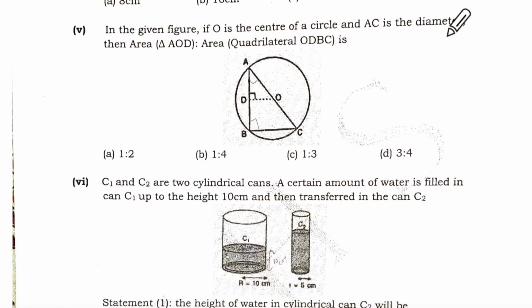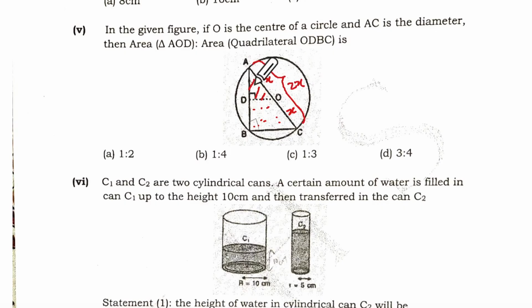Now let us look at this. O is the center of the circle. AC is a diameter, then area of AOD to area of quadrilateral, this will be equal to, now can you see this will be x, this will be x, so this full thing will be 2x, correct? Yes.